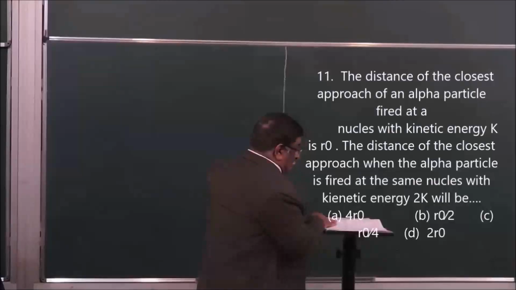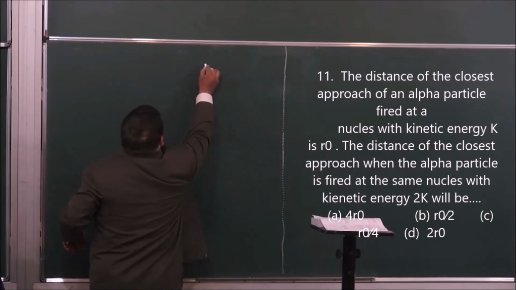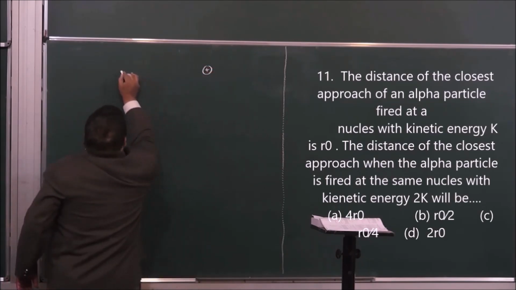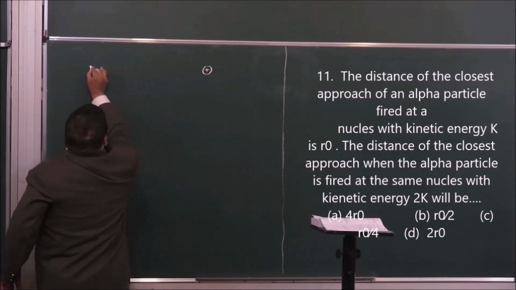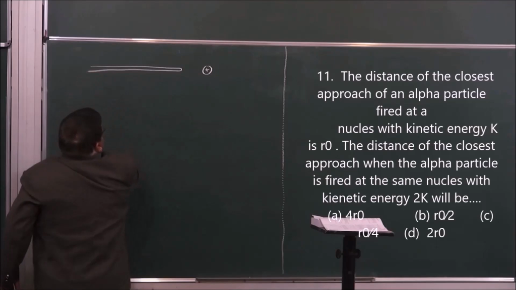The distance of the closest approach of an alpha particle fired at a nucleus with kinetic energy K is R naught. Here is the nucleus. The nucleus is positively charged, and we are firing an alpha particle. Here the alpha particle goes and returns from here.